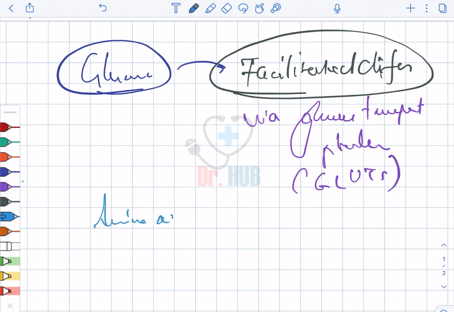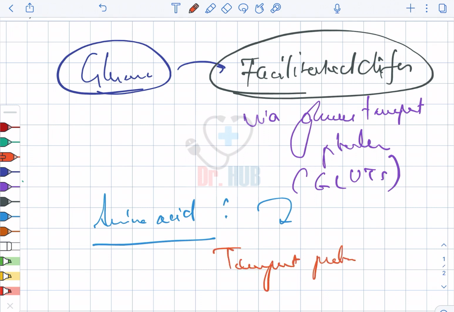Next come the amino acids. The mechanism is transport protein mediated active transport.